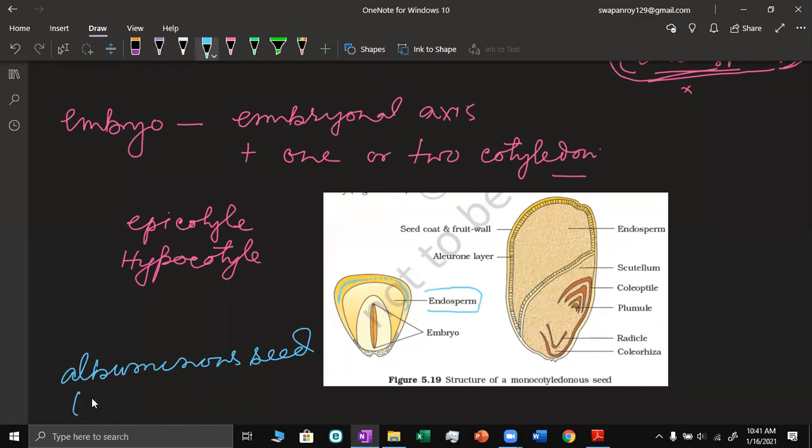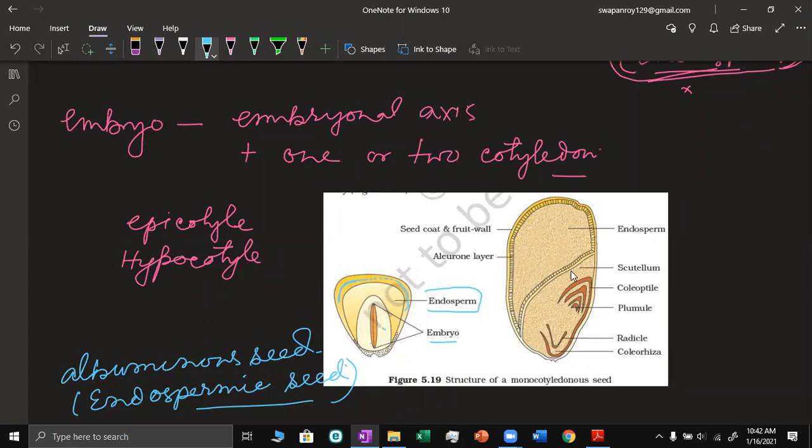Major part is this, and then there is the embryo. This one is the embryo.